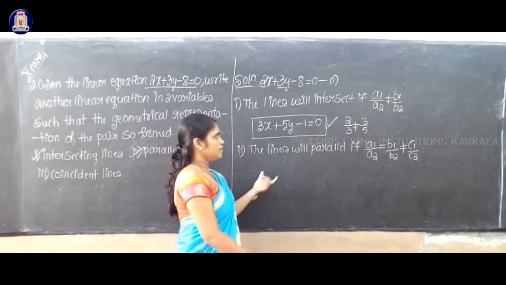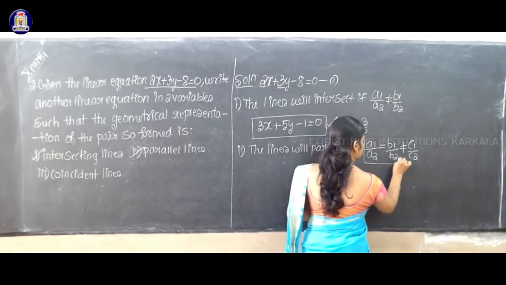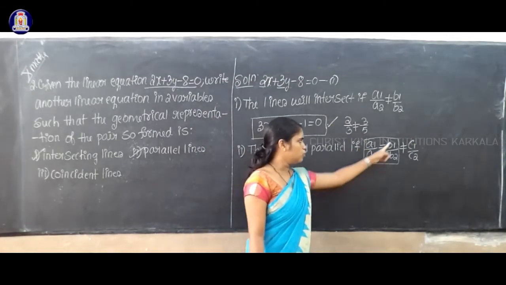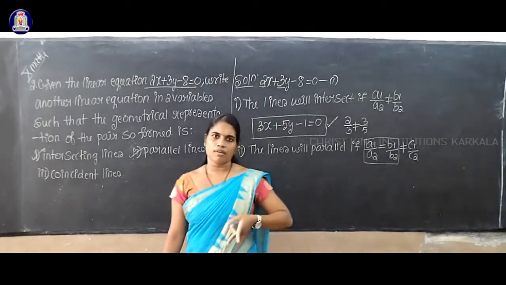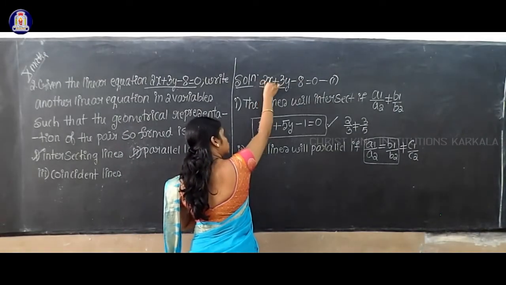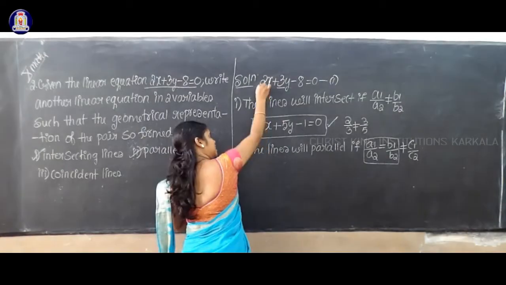So which equation will you consider? Just look here. The first two ratios are equal, isn't it? a1 by a2 and b1 by b2 are equal. Here a1 is nothing but 2x, so while I am generating the new equation, I will write the same number.